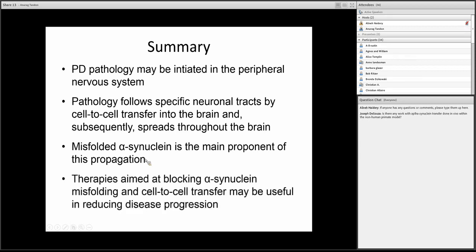And lastly, and most importantly, I would say that with this information we're going to develop therapies aimed at blocking alpha-synuclein misfolding and cell-to-cell transfer. I think these are probably the most useful ways of reducing the disease progression.